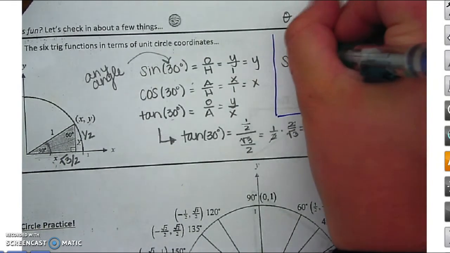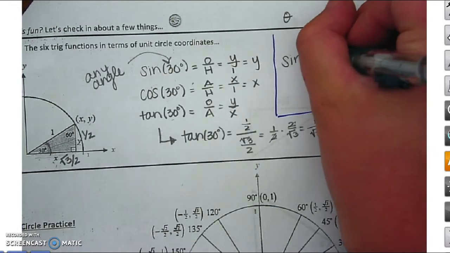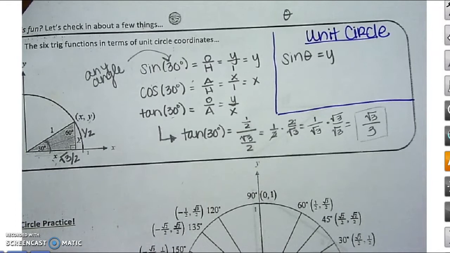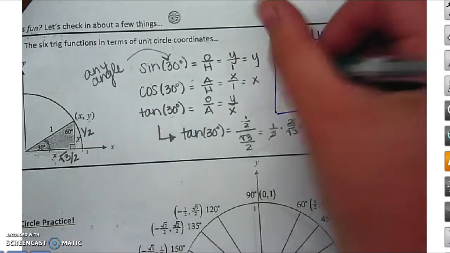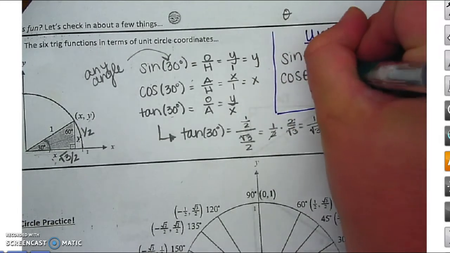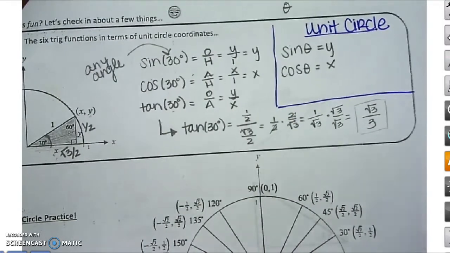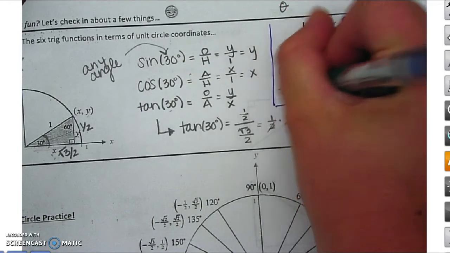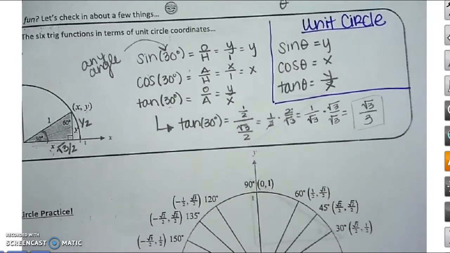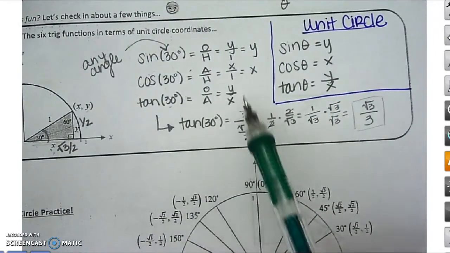So sine of any angle will always be the y part of the ordered pair. Cosine of any angle will always be x. Tangent of any angle will always be y over x. So that's what we just talked about over here.